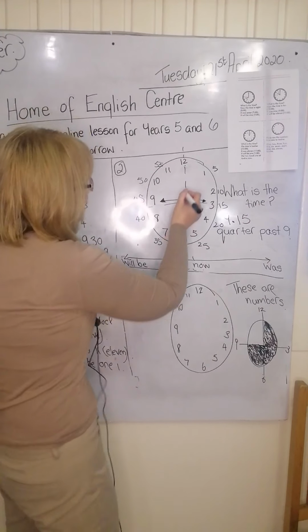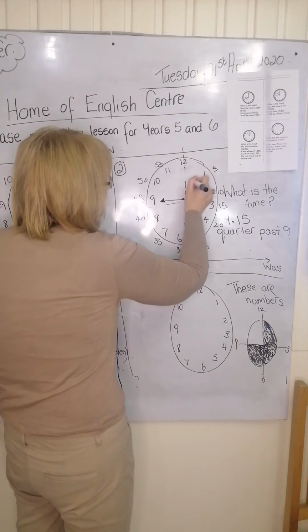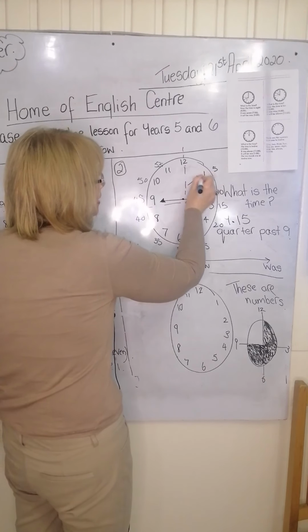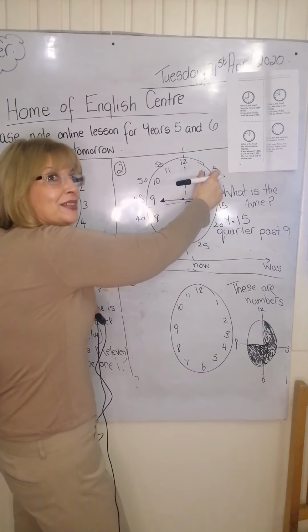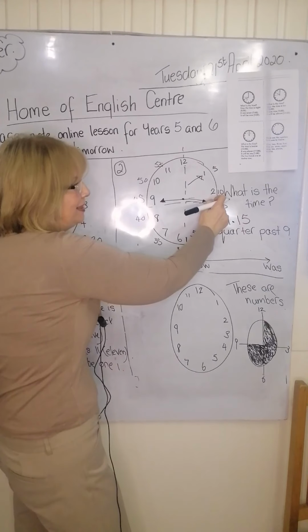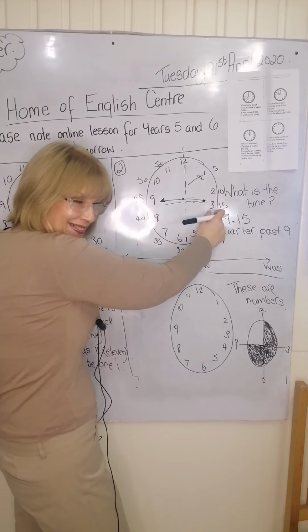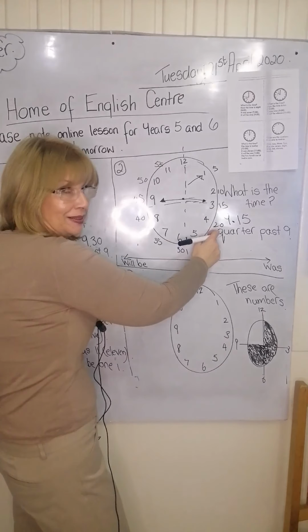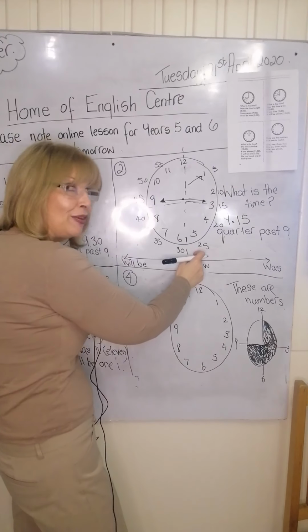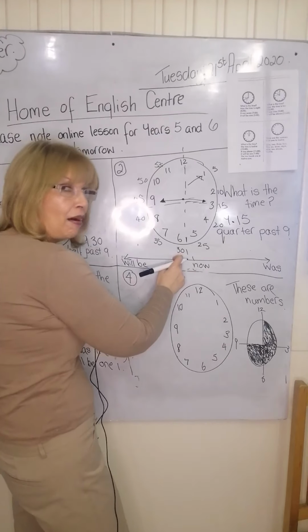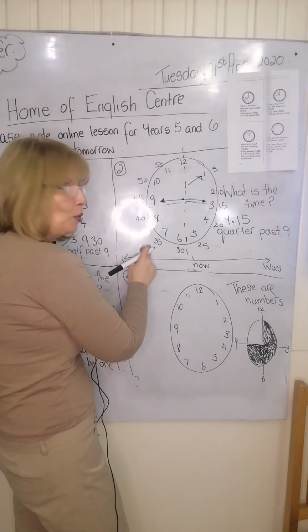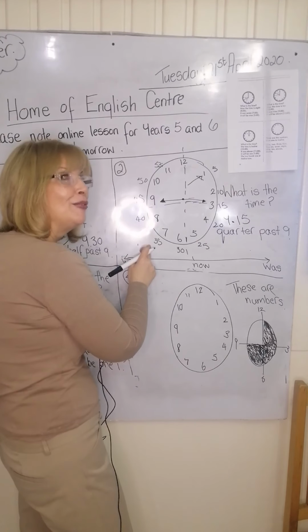So if the hand is here, the small hand is here, it is 5 past, 10 past, quarter past, 20 past, 25 past, half past, 25 to.